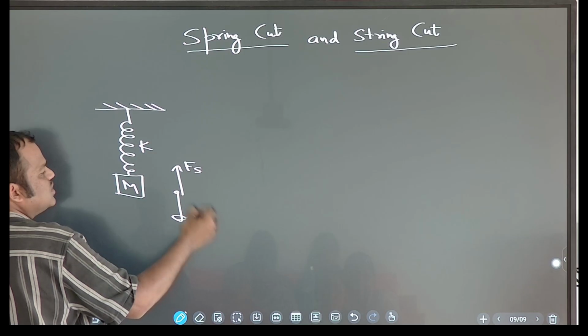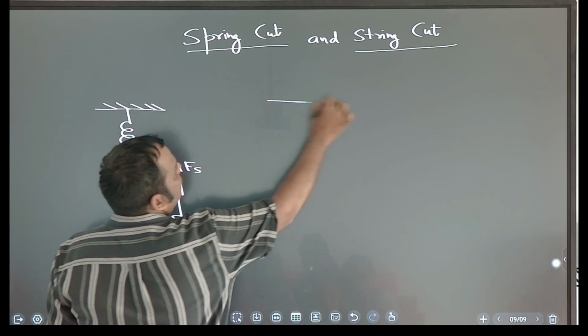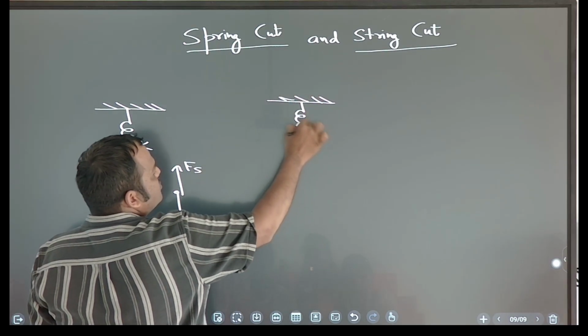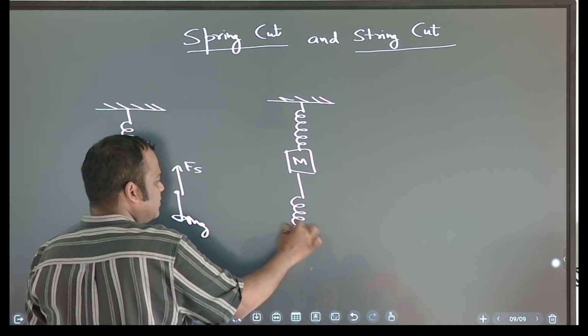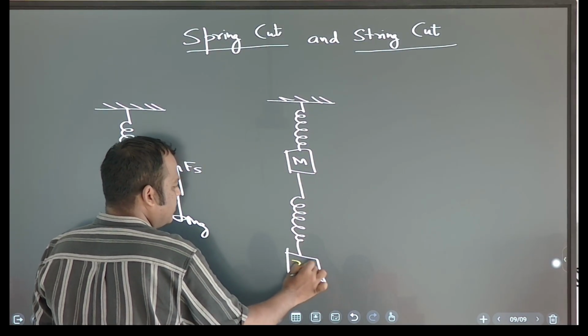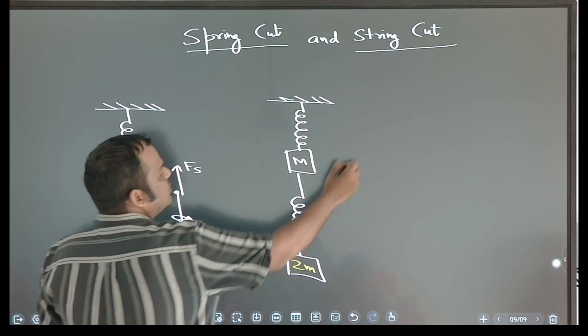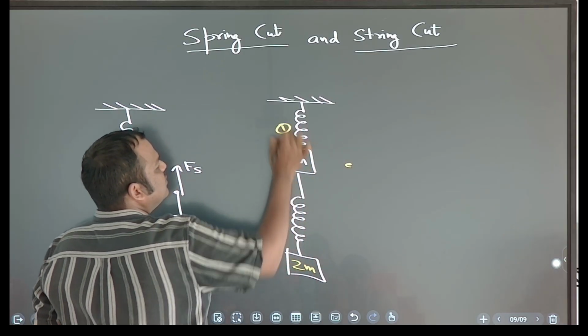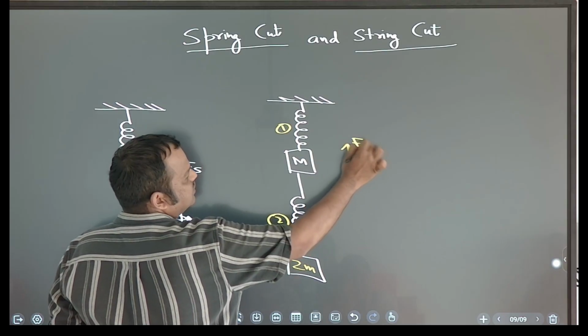How much spring force? Tell me. Mg. Suppose one spring is there, block is M. Another spring is there, another block 2M. Now this is spring 1, this is spring 2. For this block, what is the upward force?